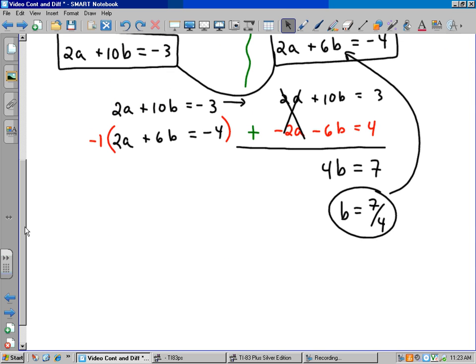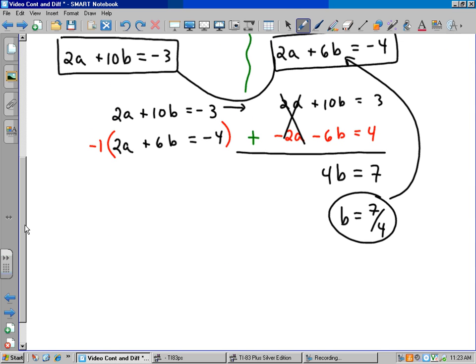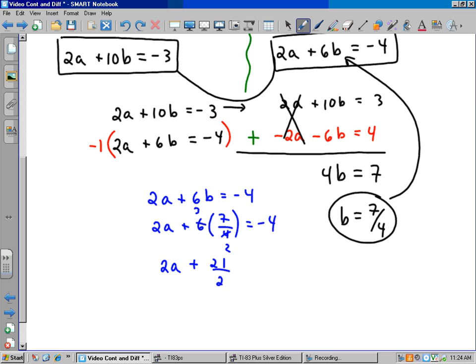So let's see here. If I take 2a plus 6b equals -4, and I plug 7/4 in for b, I can get my value for a. So this is going to be 2 and 3, so we have 21 over 2 equals 2a minus 4.